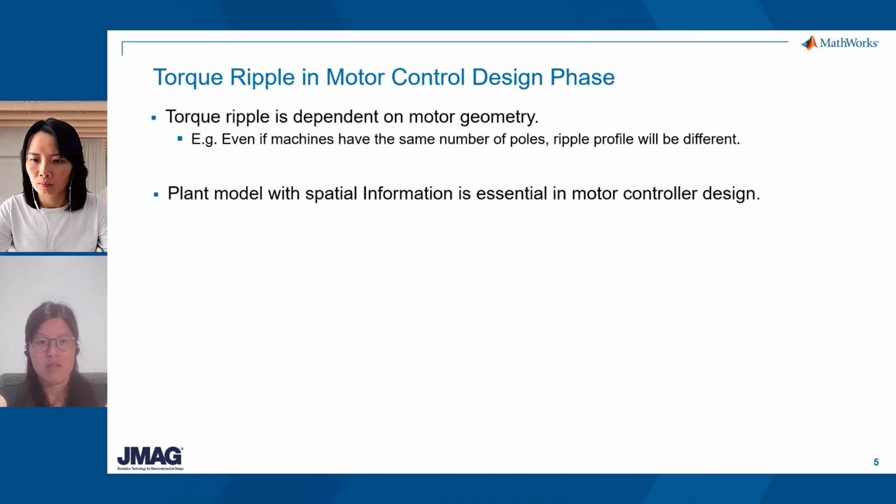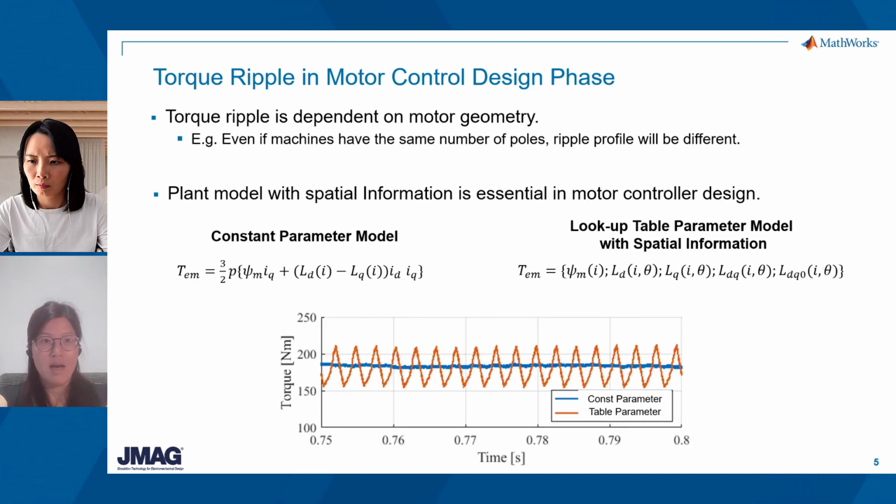However, the traditional constant parameter model does not represent the geometry information. Here I am showing the constant parameter model traditionally used on the left side. This equation does not include the rotor position theta. Therefore, what we can derive from this constant parameter model is just a flat line without any ripples.